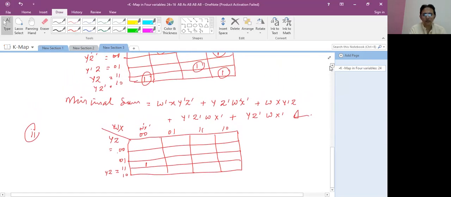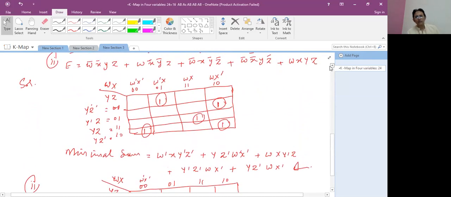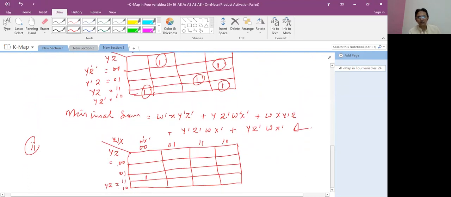In the next one, when we consider the second term, X and Y complemented, X complemented, Y complemented, Z as it is. So it means W complemented X, it is W and X, it is W and X complemented. Right?